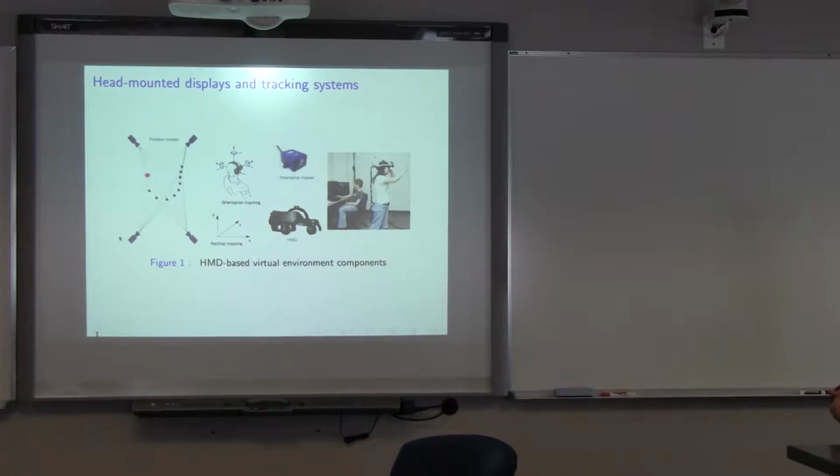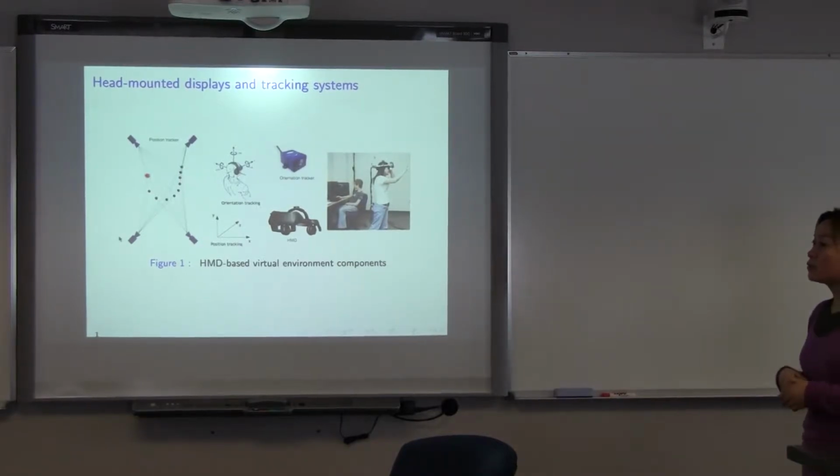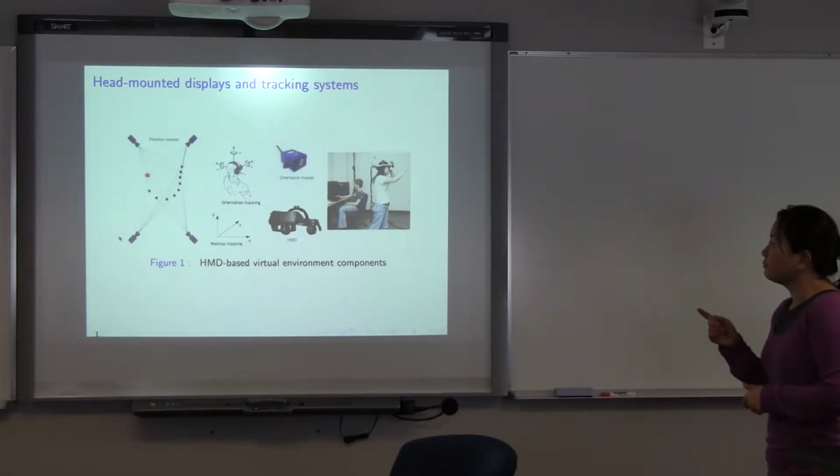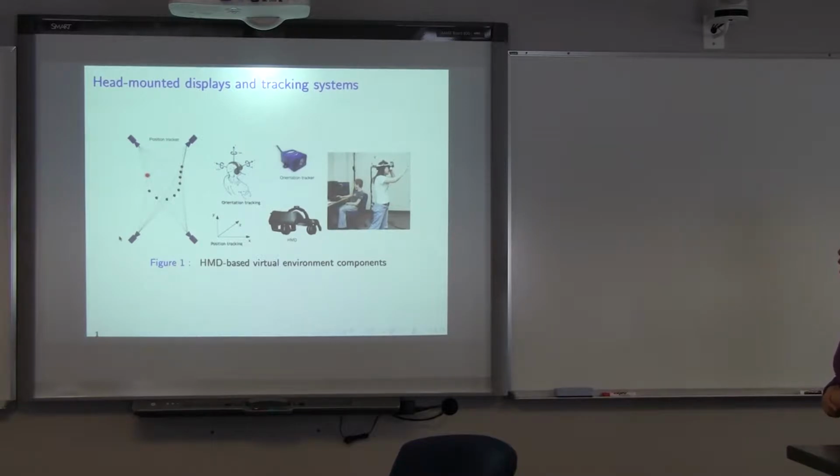It is often used with a tracking system to create an interactive 3D virtual world. The tracking system, we usually use this to track users' XYZ physical positions and their pitch, yaw, roll orientations.